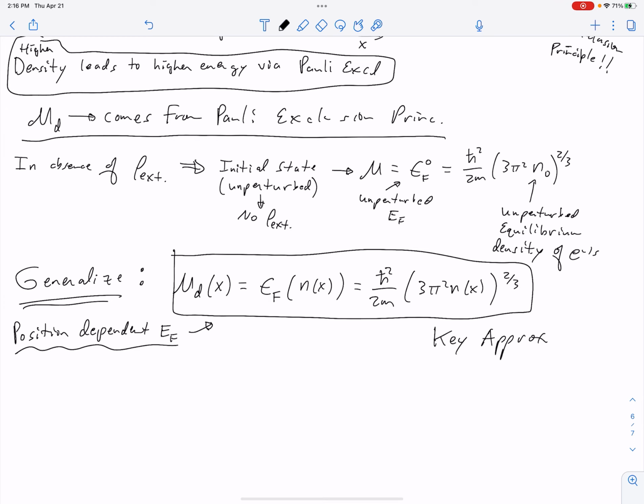And on the face of it, it looks fairly reasonable, because we're just saying, hey, if you've got a density of electrons, then the Fermi energy depends on the density of electrons. So if you have a region in space where you have more electrons, then you're going to have more Fermi energy.